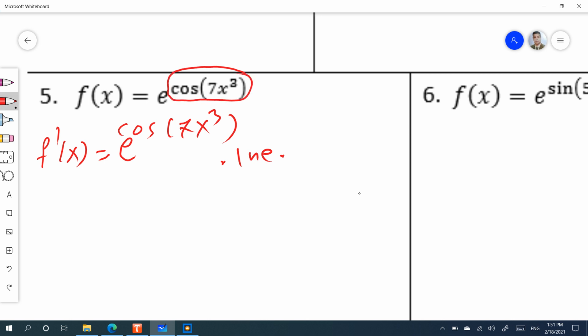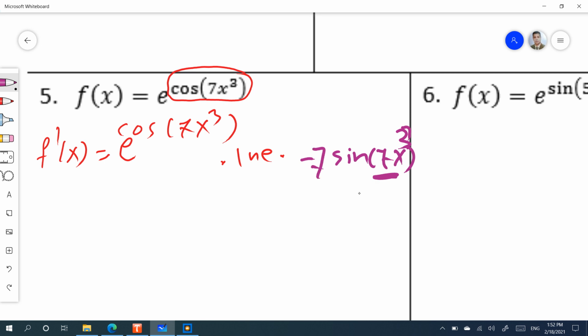We will get the derivative of this function. It will equal the derivative of minus sine 7x to power 3, and we derive this part, which equals 7. We multiply here.